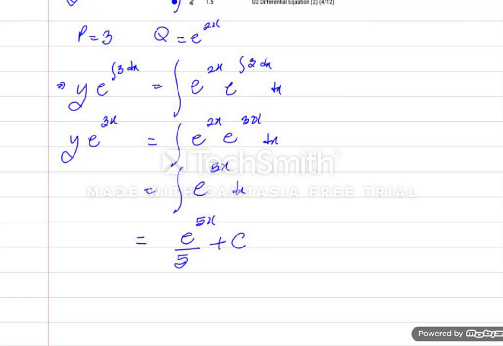which is c. So what we have is y e to the 3x is equal to e to the 5x over 5 plus c. Divide the entire equation by e to the 3x. We're going to get y is equal to 1/5 e to the 2x plus c over e to the 3x.